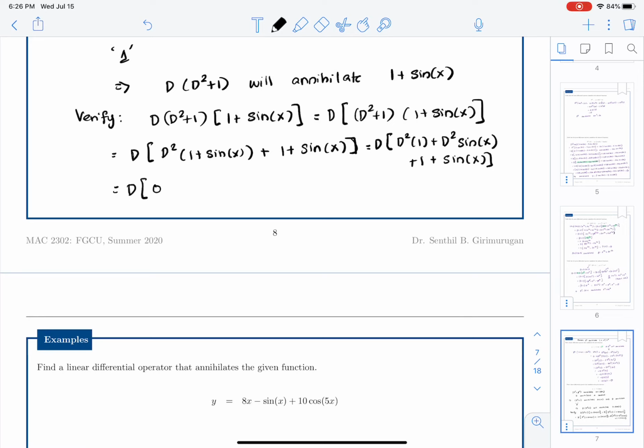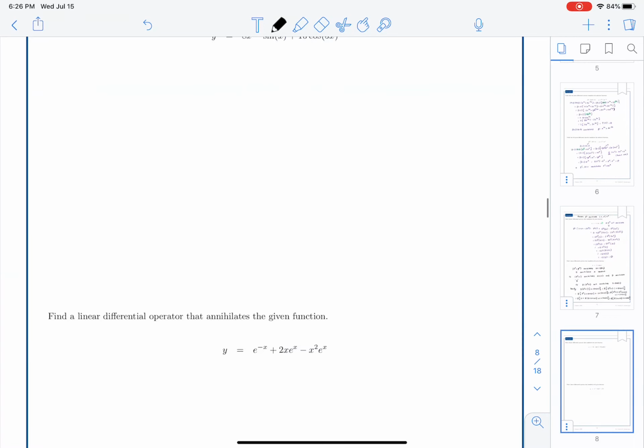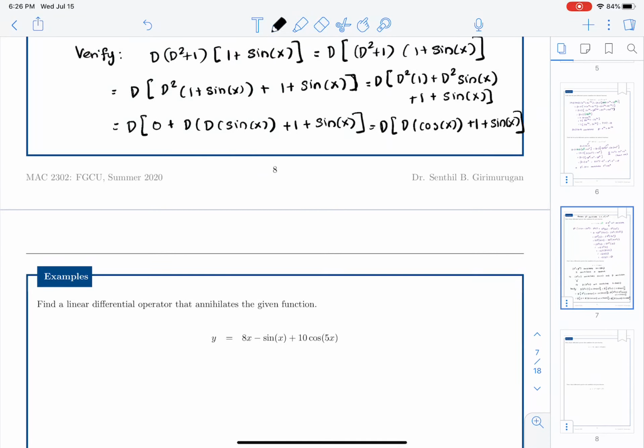D of 0, D of sine x plus 1 plus sine x. The derivative of sine x is cosine x. So D of cosine x plus 1 plus sine x. The derivative of cosine x is negative sine x. The sine x would go away. We'll have D of 1, derivative of 1 is 0.